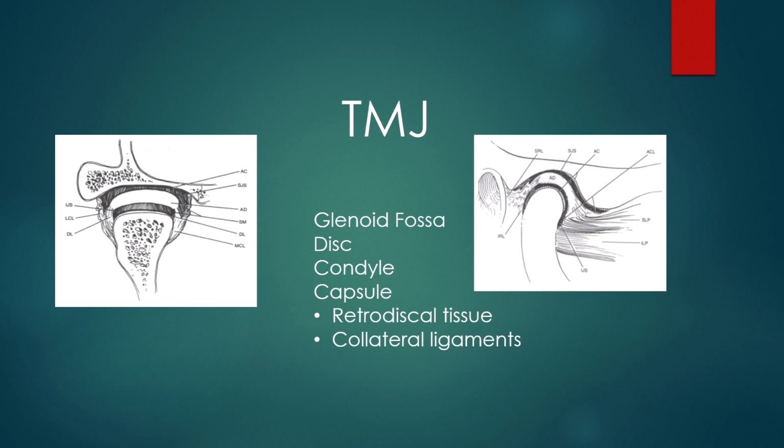What I was mentioning before is the disc here, and some people call it a meniscus. It doesn't bother me, whichever one you want to call it, disc or meniscus, but the little fibrous cartilage here is actually held in place to the condyle on the medial and lateral.